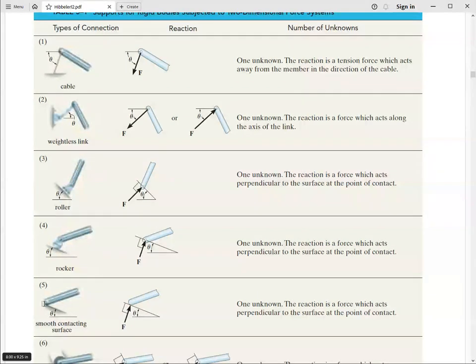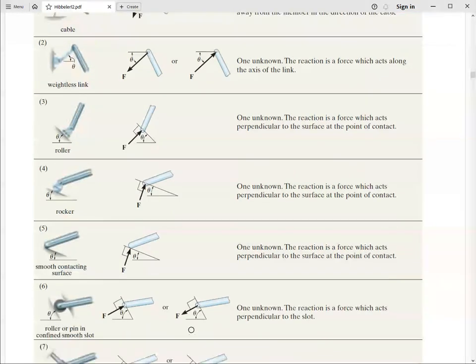And if we have smooth surface contact, we likewise show a force. So smooth contact meaning there's no friction. So we show a force that has the direction of the common normal, perpendicular to the tangent at the contact point. We have a roller in a slot.